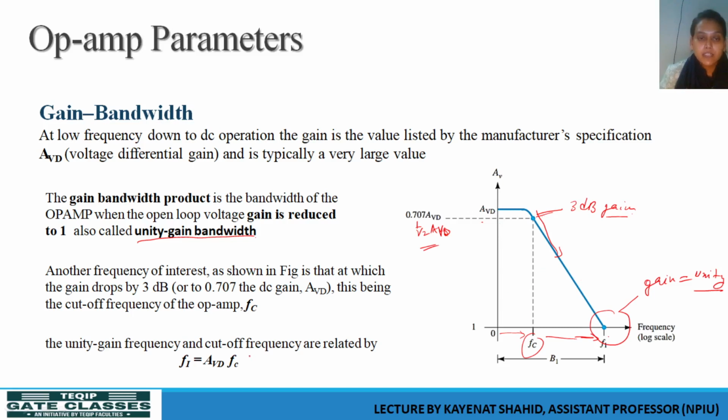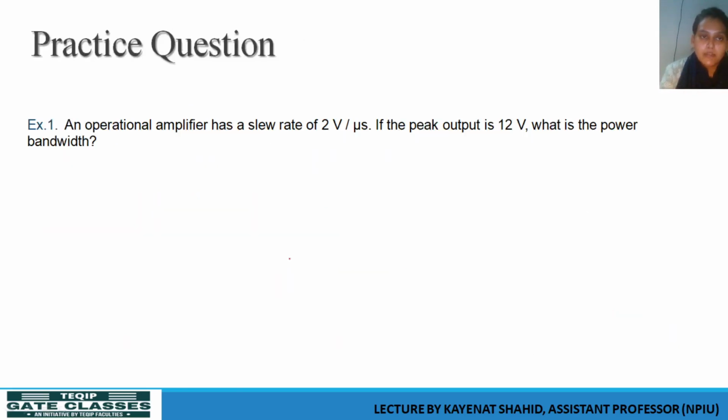So we can actually write a relation between these two: the unity gain bandwidth is equal to the open loop differential gain times the cutoff frequency. This is again a very important parameter to know before working with the operational amplifier.